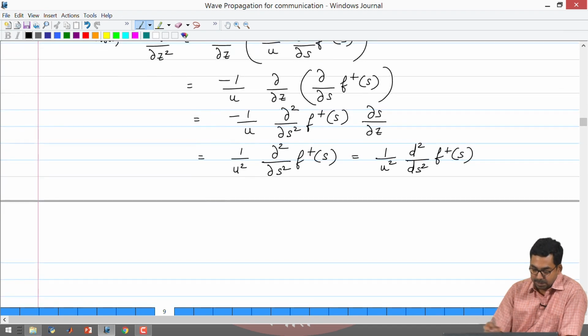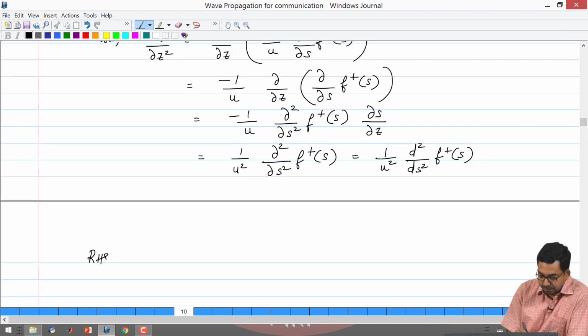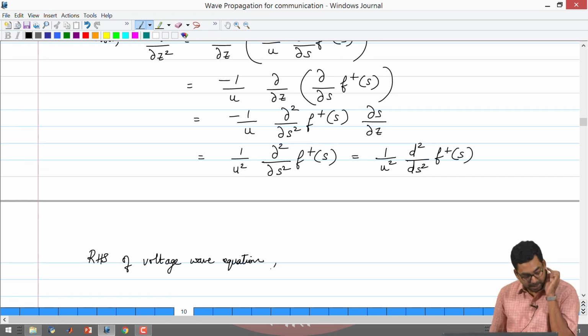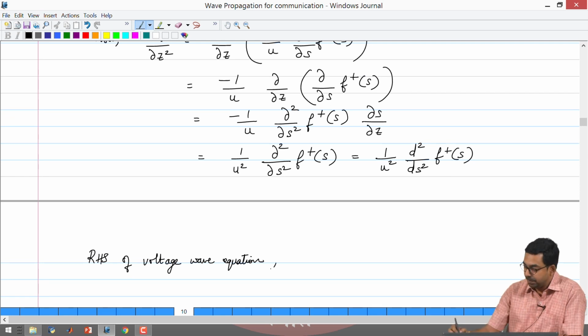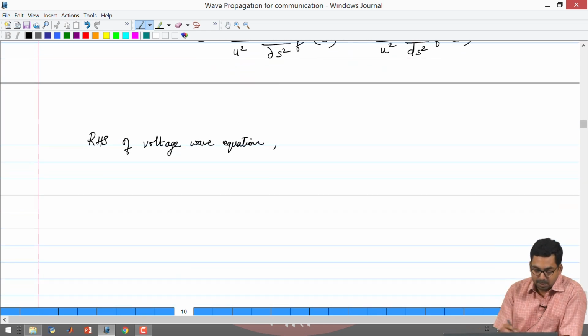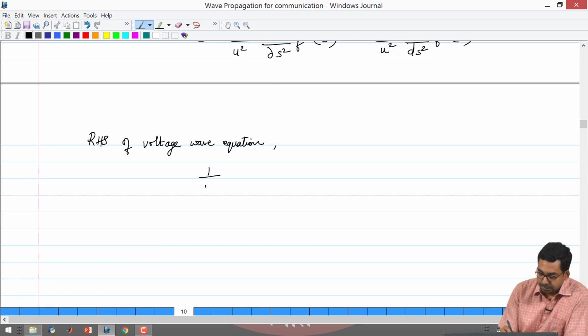The right hand side was, right. We can start with the right hand side of the voltage wave equation. It was 1 by u square dou square v by dou t square. So, in this case we can do the exact same change of variables technique, right.